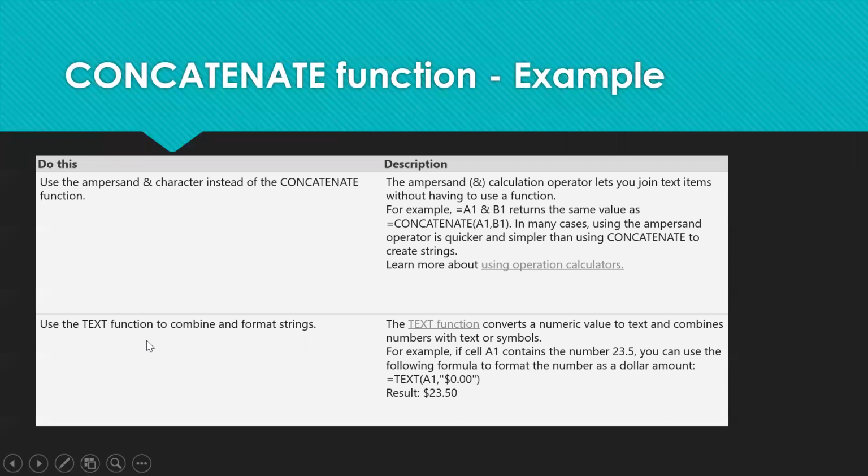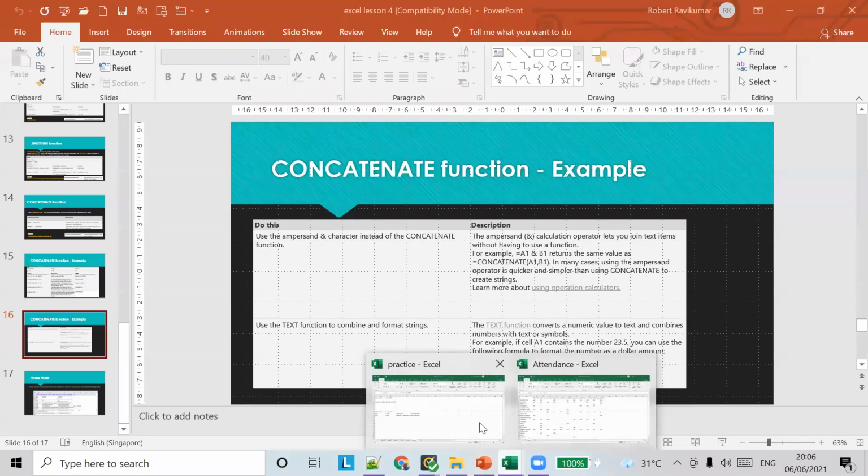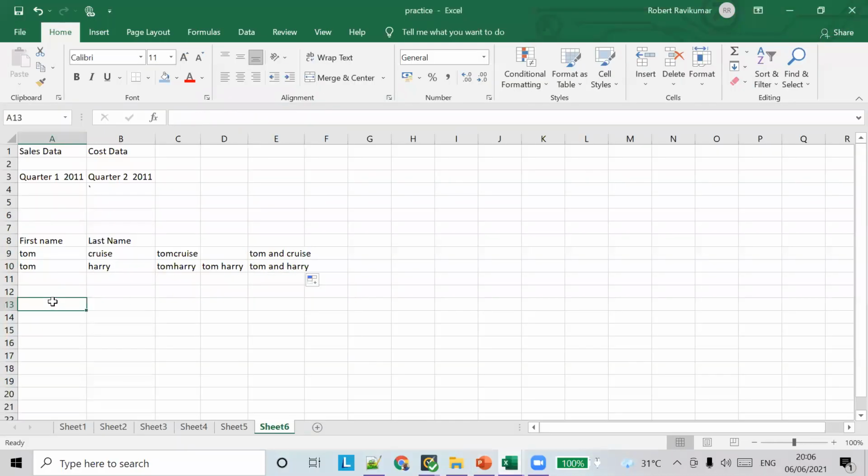Apart from that, use the TEXT function to combine and format strings. To convert a number, it converts the numeric value to text and combines numbers with text or symbols. You can use a formula to use a dollar symbol. Let's say there's a number, 23.